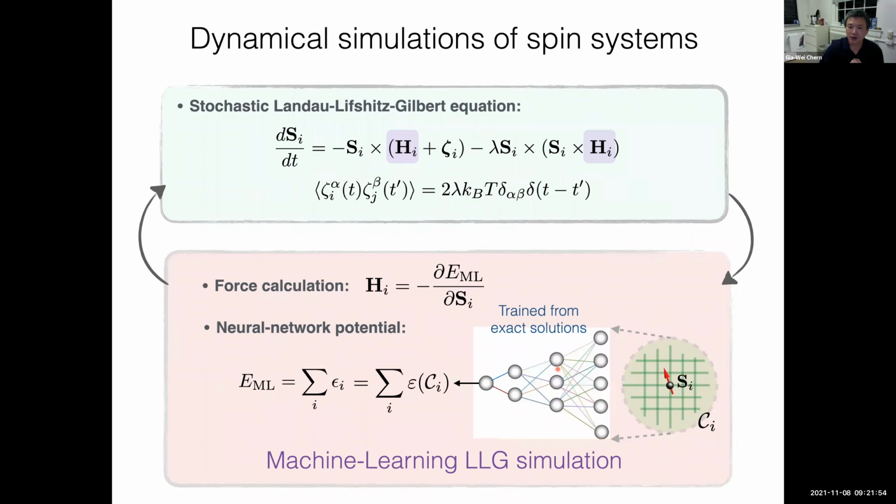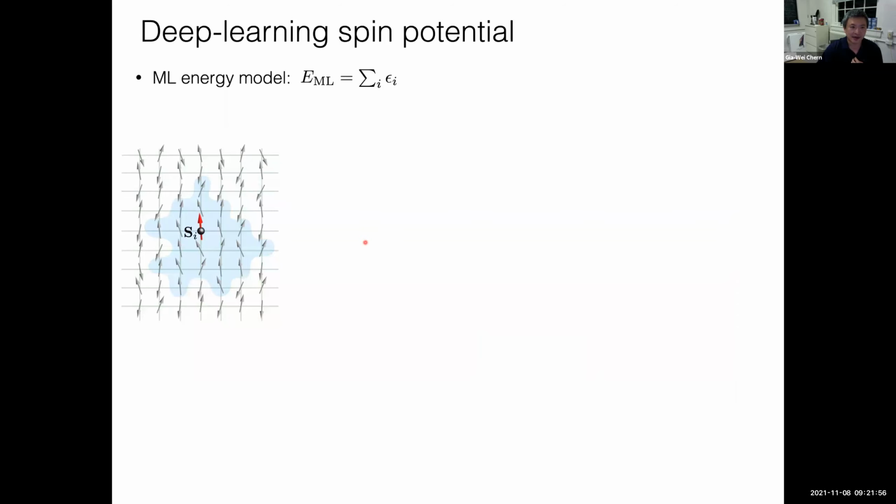Okay, so more specifically, here I show how this deep learning spin potential works. So again, the total energy of the system in this machine learning model is given by local contributions epsilon i. So let's consider in our lattice this particular spin Si, and we want to compute the force acting on this spin.